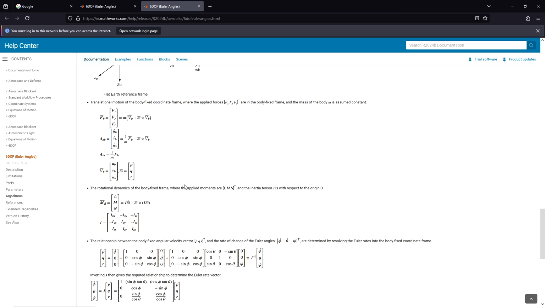So we see over here that m into Vb dot plus omega, omega is PQR, cross total velocity V. So let me write P dot, Q dot, R dot, or U dot, V dot and W dot. Let me write the omega dot first from this expression. Yeah, here it is, omega dot.